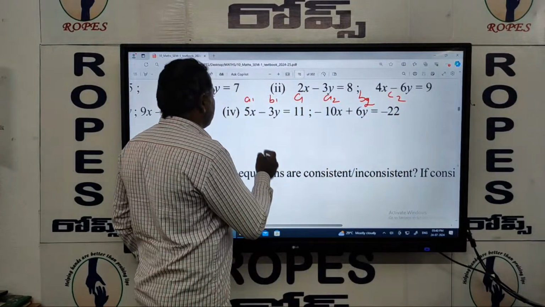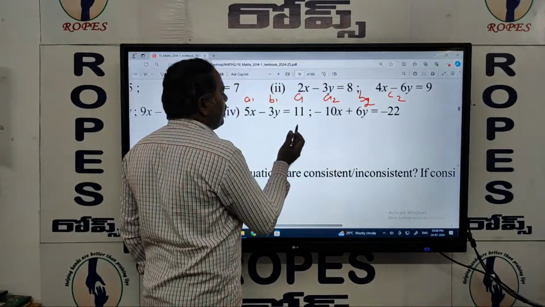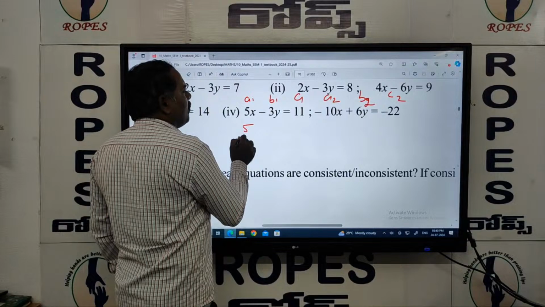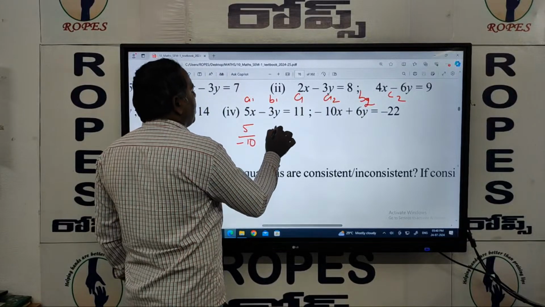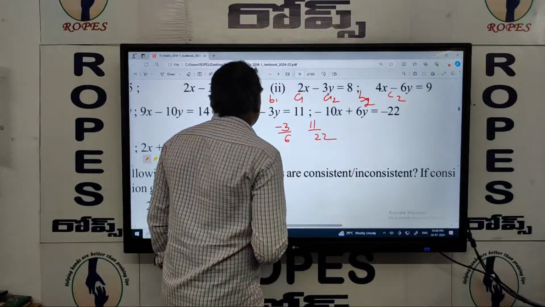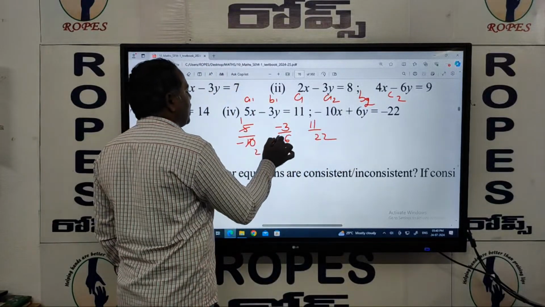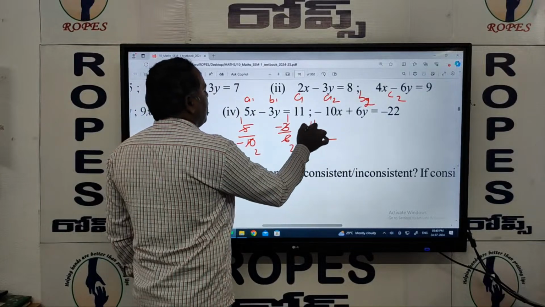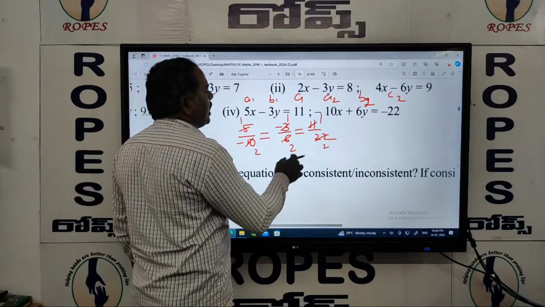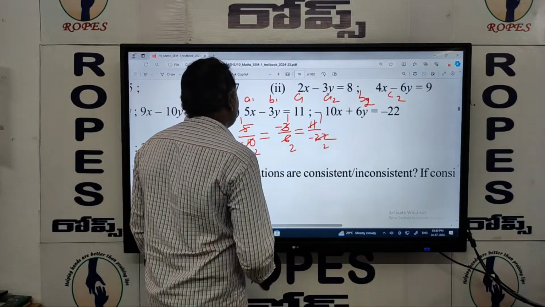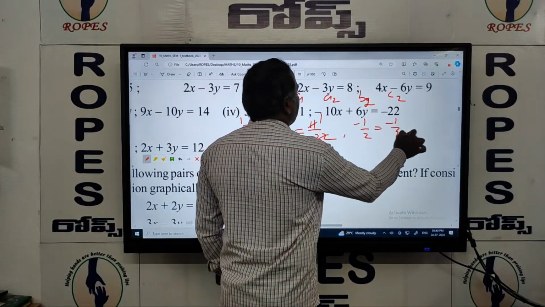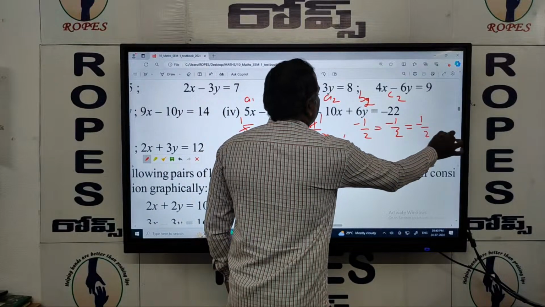Now we'll compare A1 by A2, B1 by B2 and C1 by C2: 5 by minus 10, minus 3 by 6 and 11 by minus 22. By observing this, 5 ones are 5, 5 twos are 10, 3 ones are 3, 3 twos are 6, 11 ones are 11, 11 twos are 22. Here all are equal, so we are getting minus 1 by 2 is equal to minus 1 by 2 is equal to minus 1 by 2.